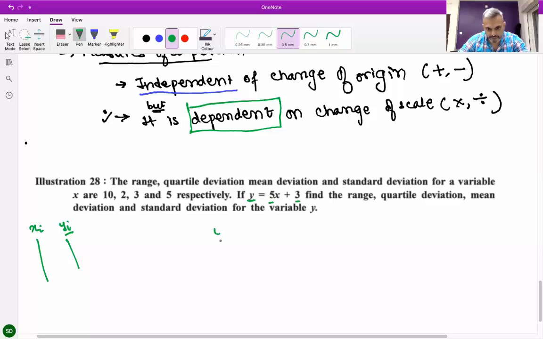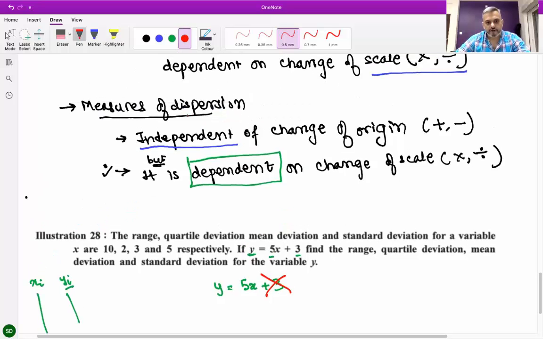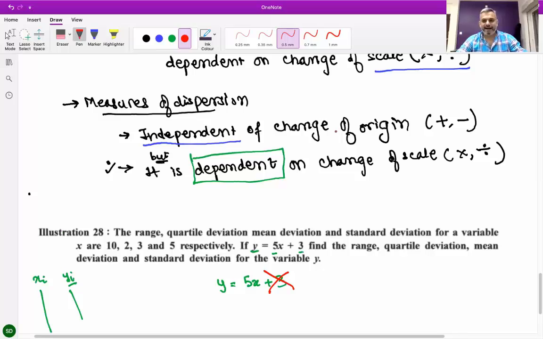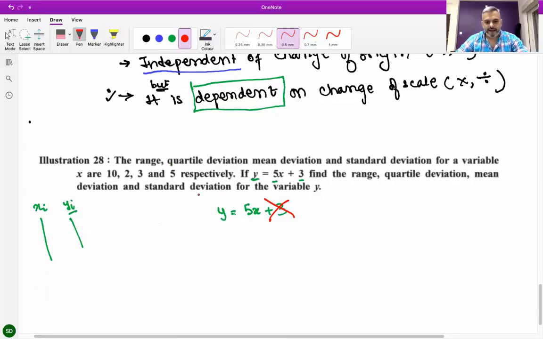Now I'll write once again over here, y is equal to 5x plus 3. Now we have to just see 5x. We don't have to see this plus 3 because dispersion is not affected by change of origin. So we just have to multiply everything with 5 to get the answer.